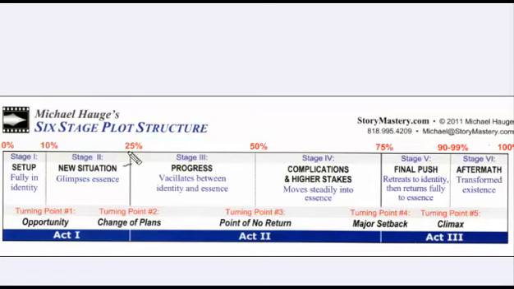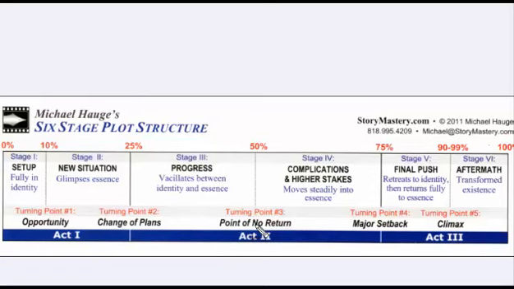When the hero's general desire is transformed into a specific, visible outer motivation, the hero begins to make progress. There's vacillation, and he makes progress. The plan to achieve the outer motivation seems to be working until he passes the point of no return.